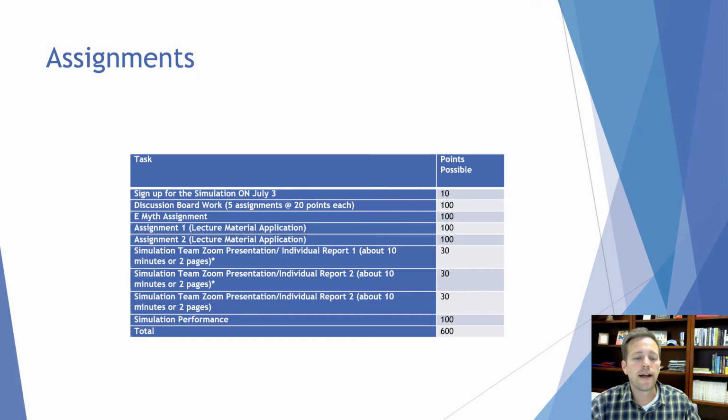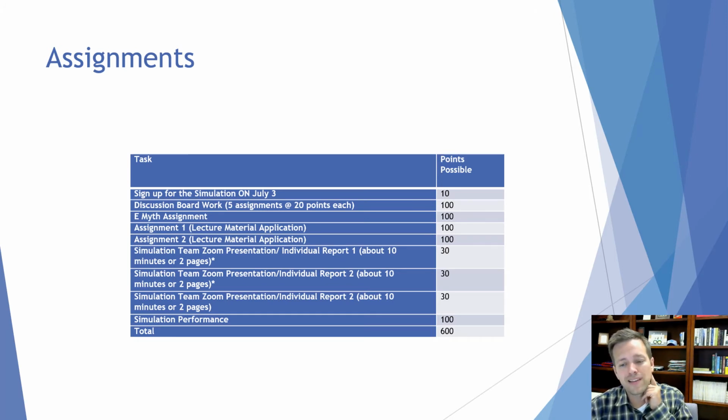But again, don't freak out about that, but it is a portion of your grade. It's 100 points, so it's a sixth of your grade. All right, so the grand total is 600 points, and that's the breakdown for the course. 200 points are simulation, 100 points is eMyth Revisited, 200 points are course material, and then the discussion board stuff, which is going to be over some eMyth Revisited, maybe some simulation, and a lot of my lecture material, is going to be worth 100 points as well.